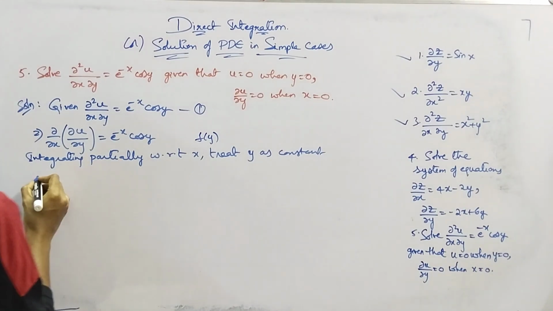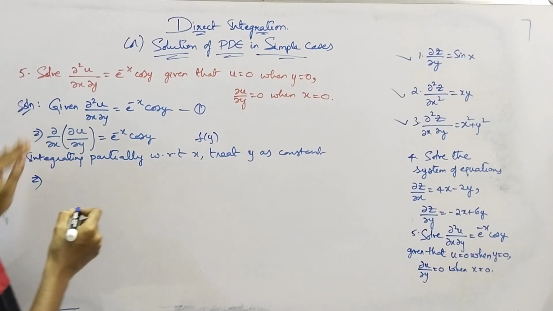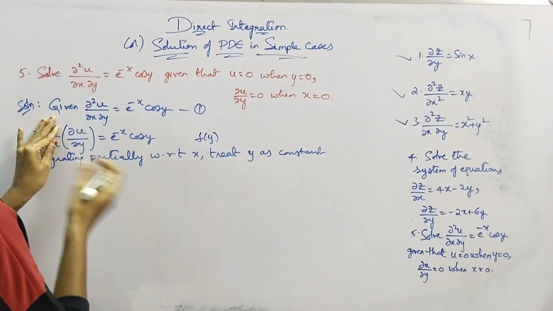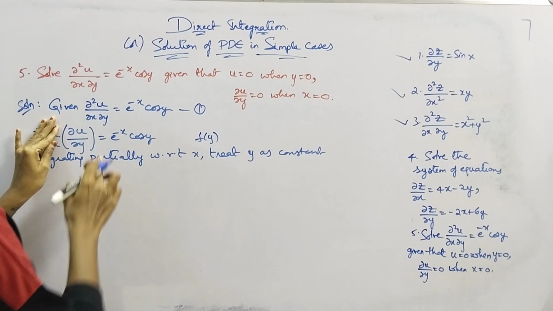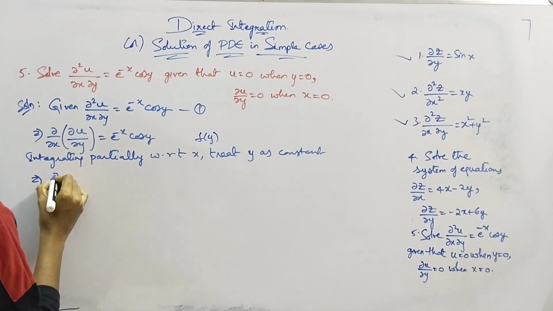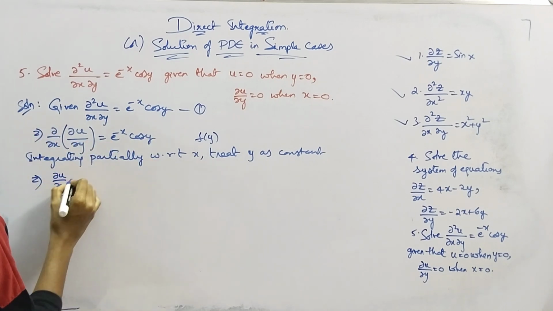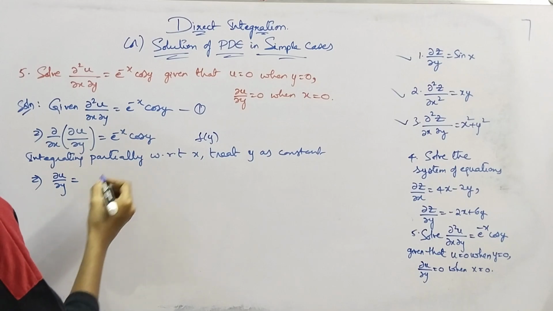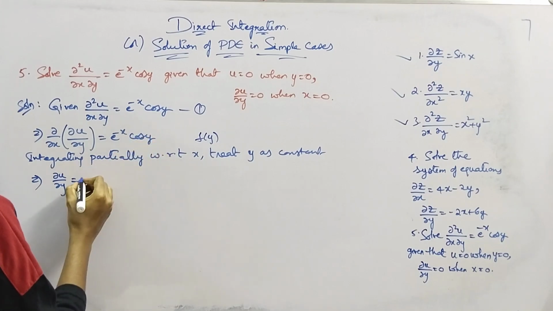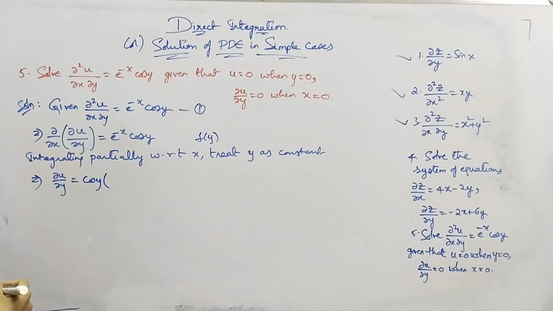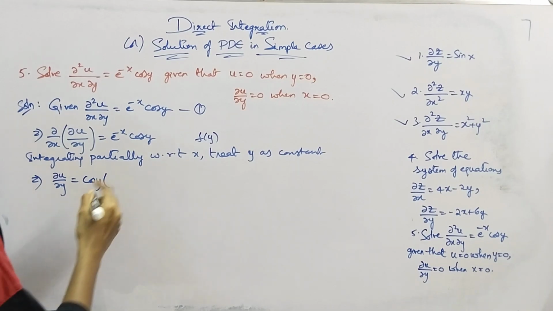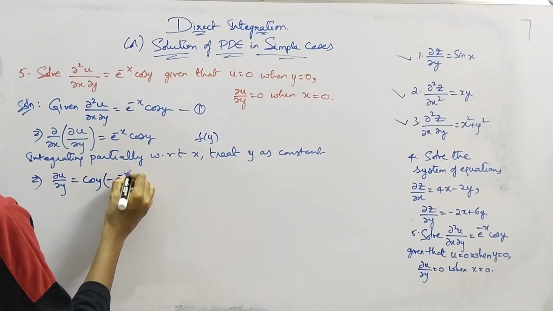Right, now this gives us, this derivative vanishes by integrating this equation partially, right? So you'll get dou u by dou y equal to, here cos y is treated as constant. Now the integral of e power minus x is e power minus x by minus 1, which gives us minus e power minus x, right?